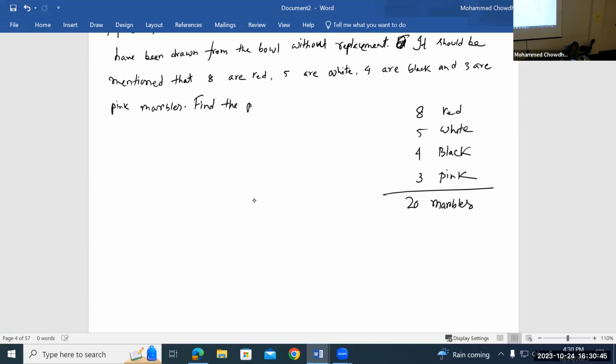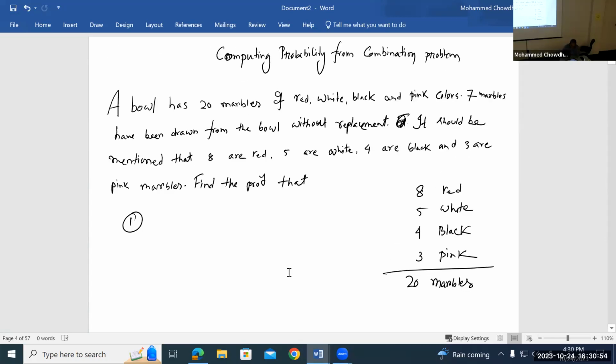Find the probability that, how many marbles have we selected? 7, right? Find the probability that all 7 are red. Four are red, 2 are white, 1 is black.